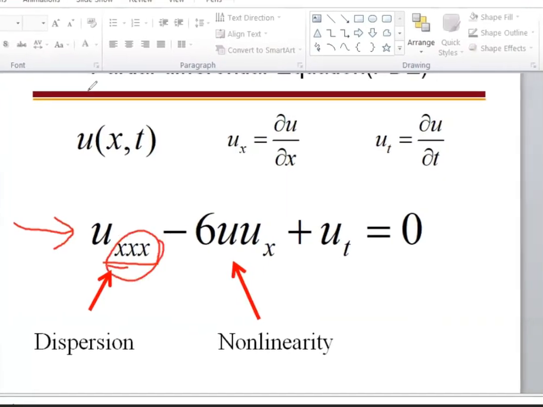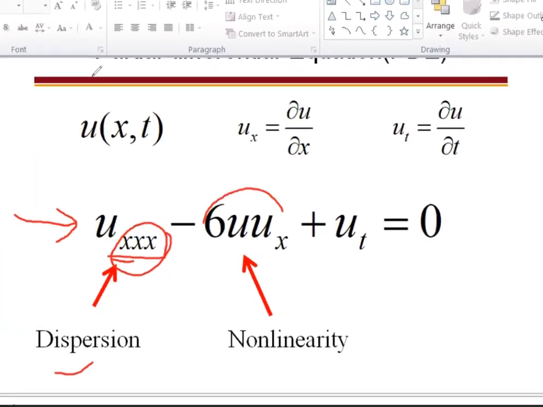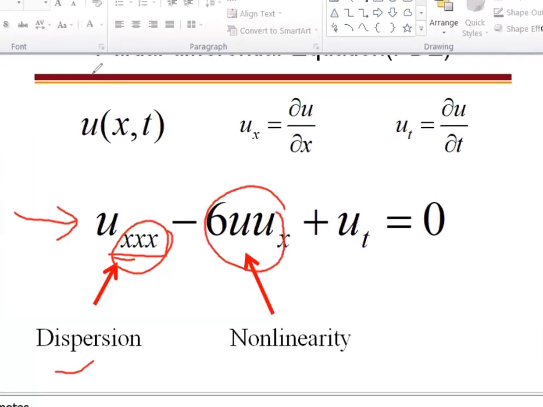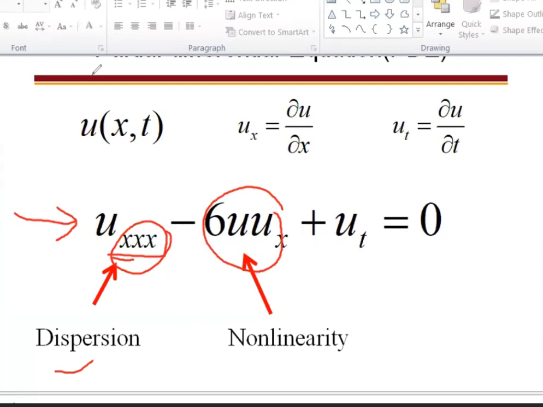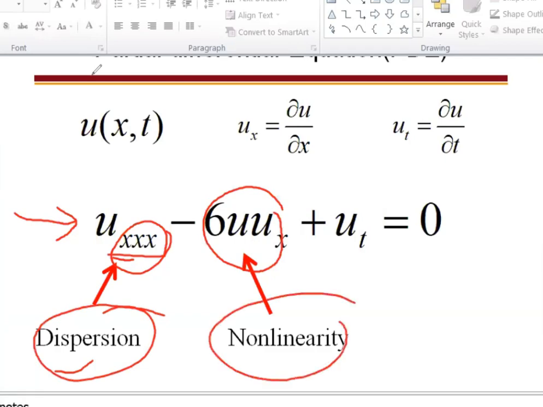It means this is dispersive. We have the nonlinearity. Okay, so what we are going to show is, if you have a dispersion and nonlinearity, then what type of wave one can get.